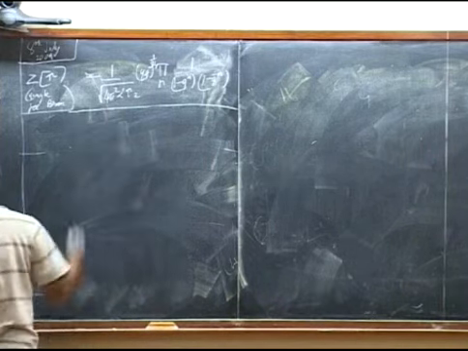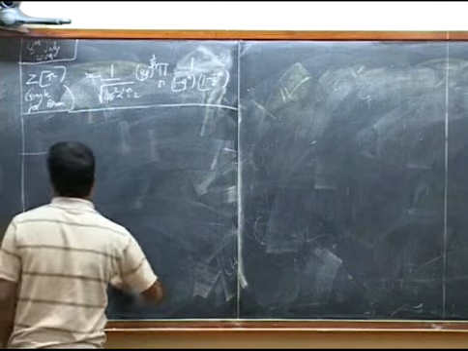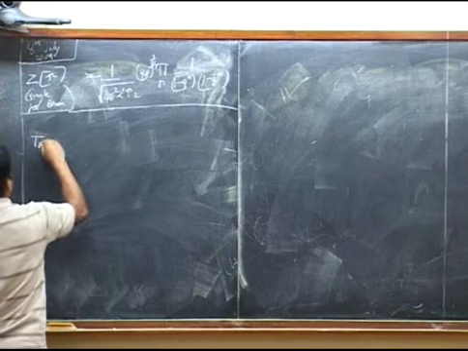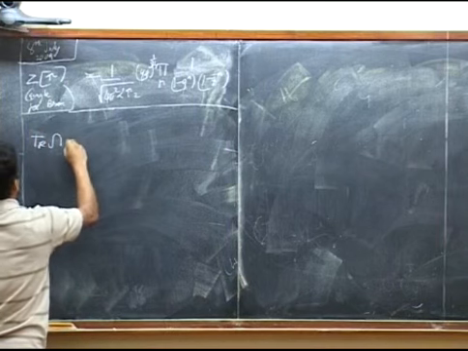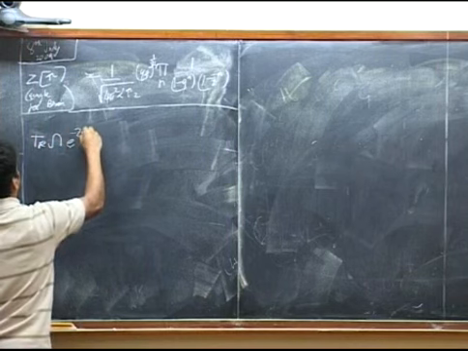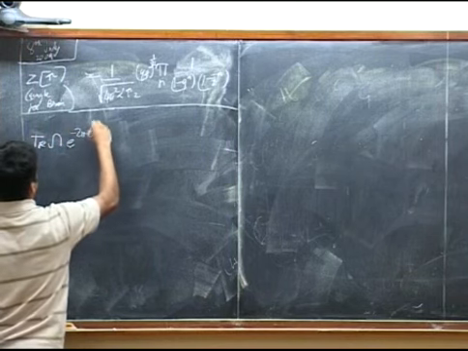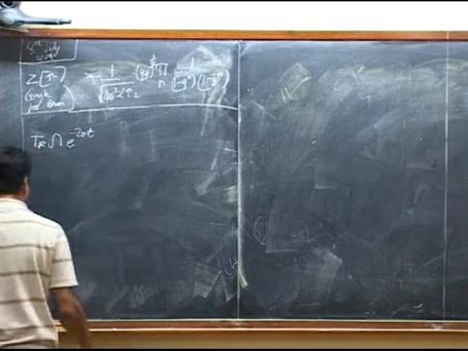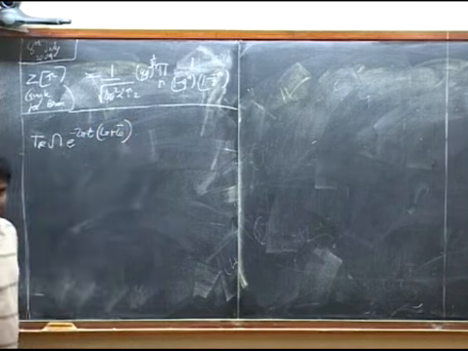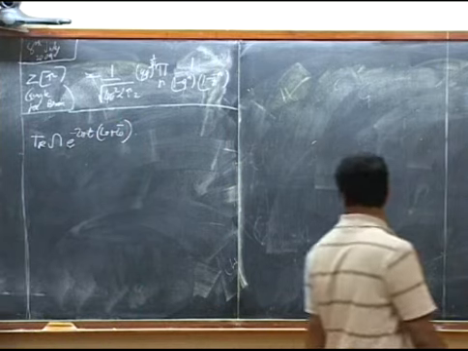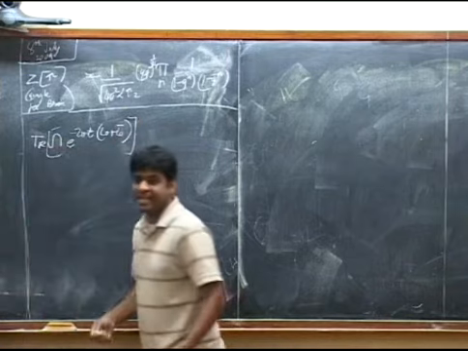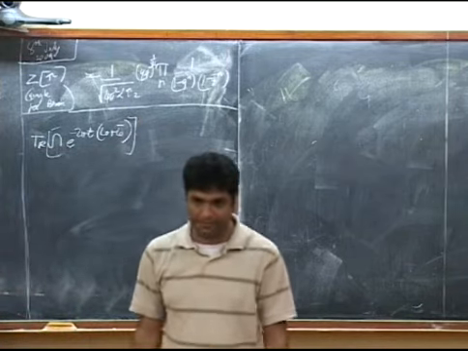Okay. Now, let us also compute the trace of omega times e to the power minus 2 pi t times (L naught plus L naught bar). Omega, you remember from the last lecture, is the orientation reversal operator.